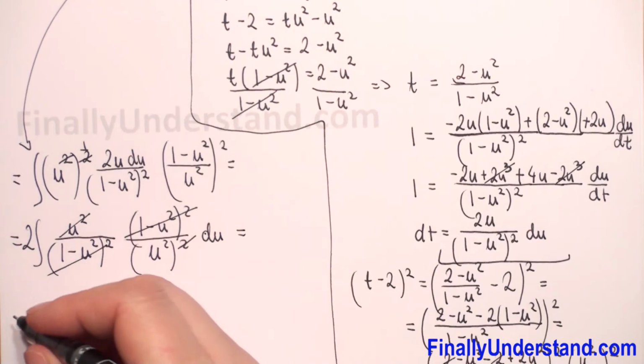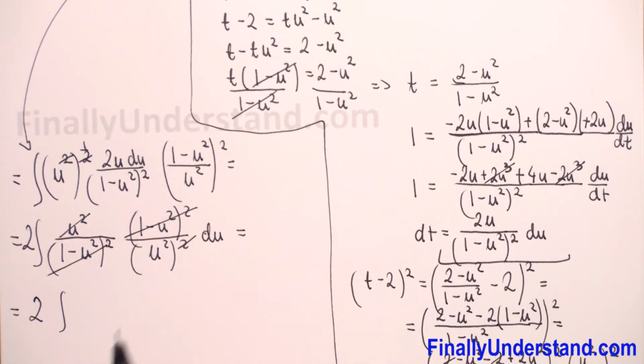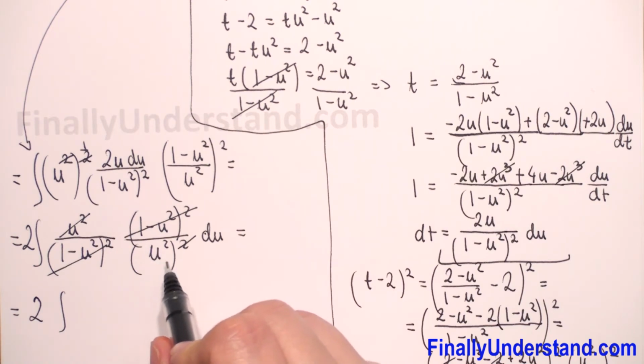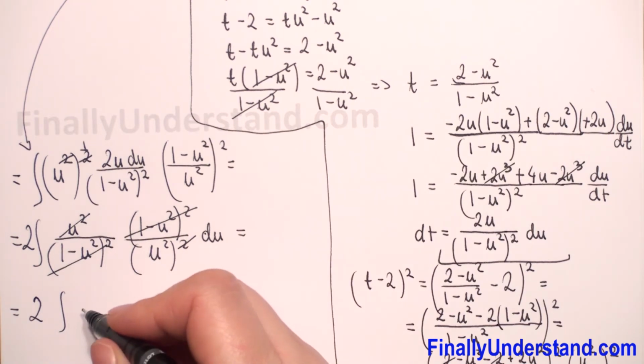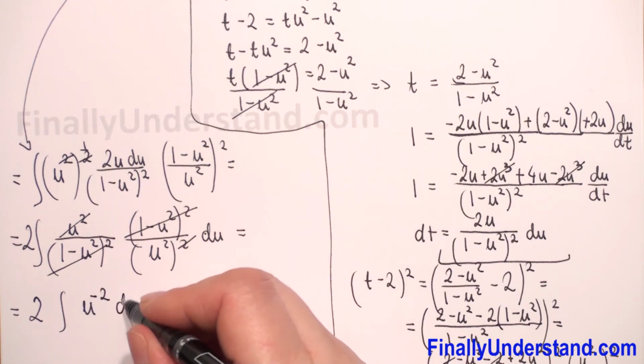So this is equal to 2 times the integral of, in the denominator we have u square only, so 1 over u square, we can rewrite this as u to power negative 2 with respect to u.